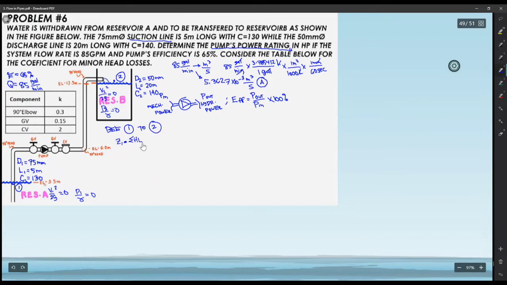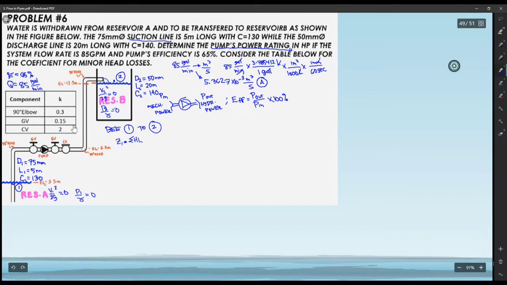Okay, so again, our equation for head loss is just the sum of the major head loss, which is caused by friction, for which we will use the Hazen-Williams formula, plus the minor head loss, which is caused by the fittings.